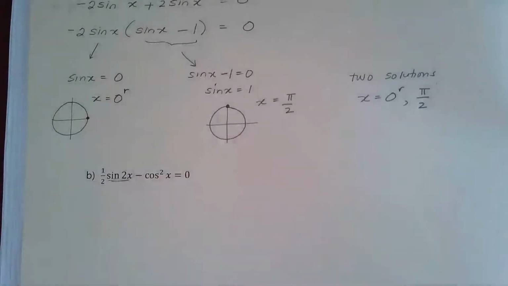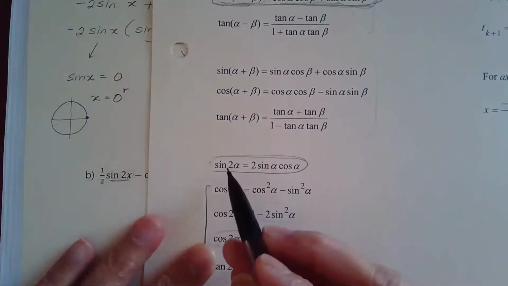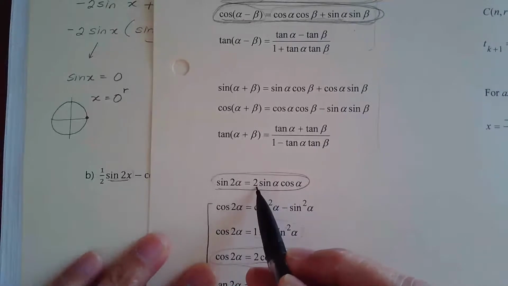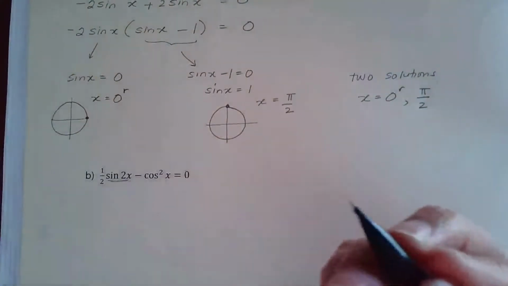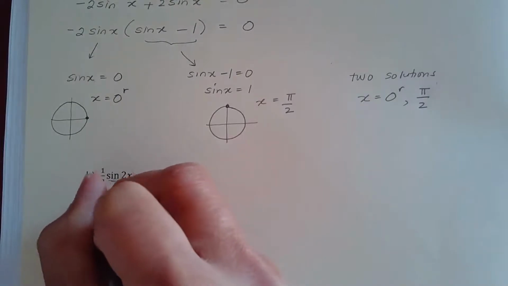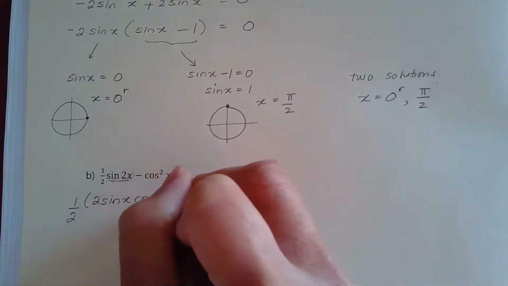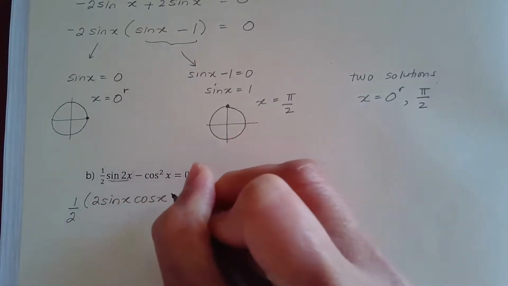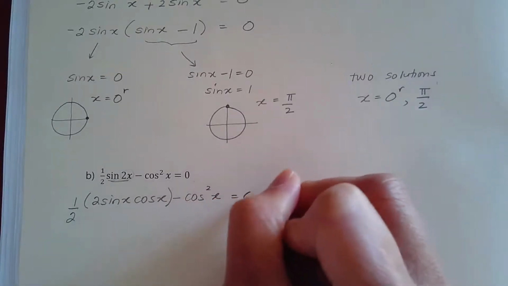Instead of sine of 2x, we're going to use 2 sine x cos x. And that's the only choice that we have. So a half times 2 sine x cos x minus, brackets, cos squared of x equals 0.